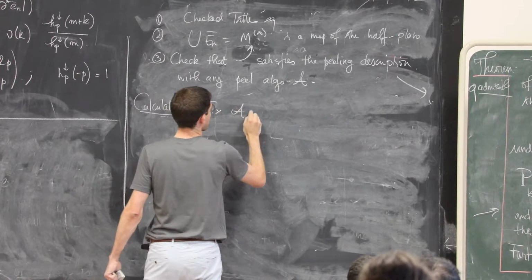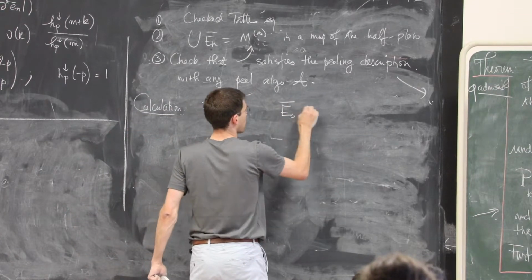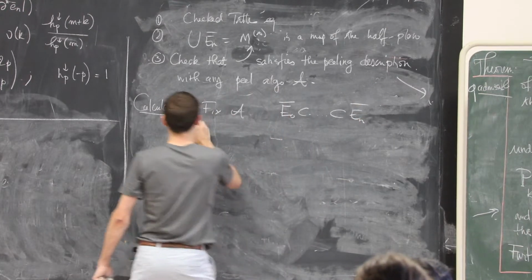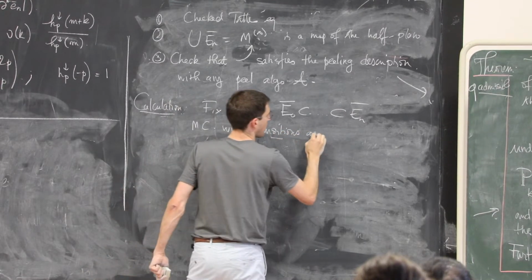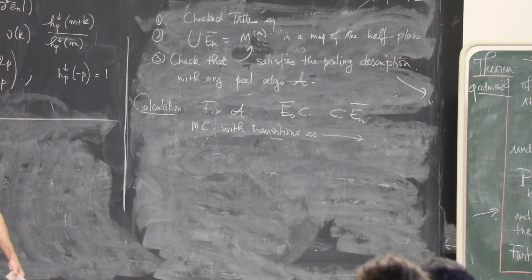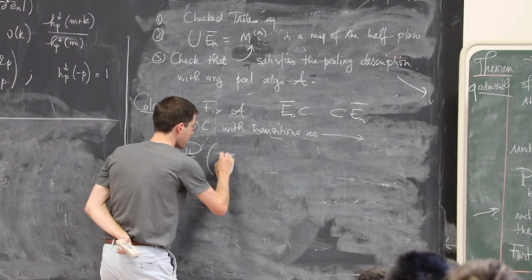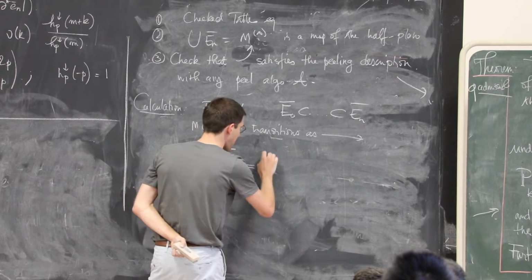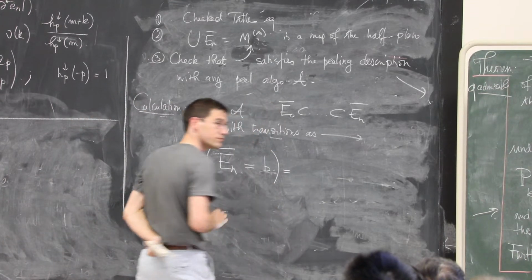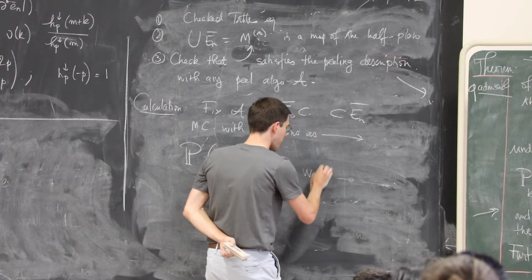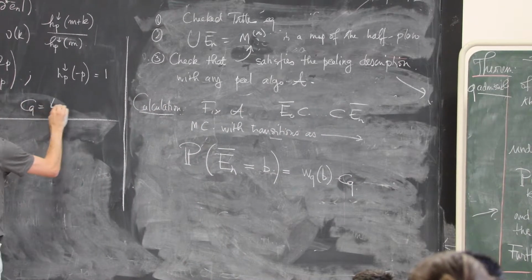So fix A, a peeling algorithm, and let's look at the Markov chain with transitions as there for the algorithm A. What I claim is that the probability that En is some fixed map B at some step n is equal to the weight of my map B times CQ, or I forgot to tell, but you remember, CQ, of course, is for ZQ.